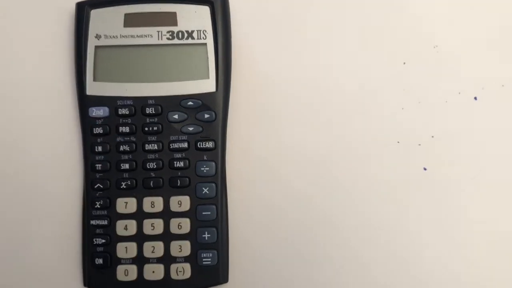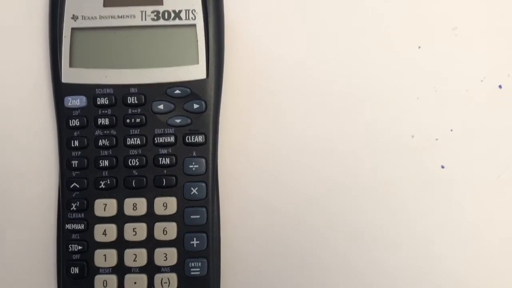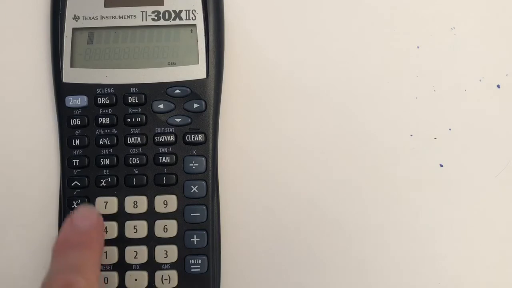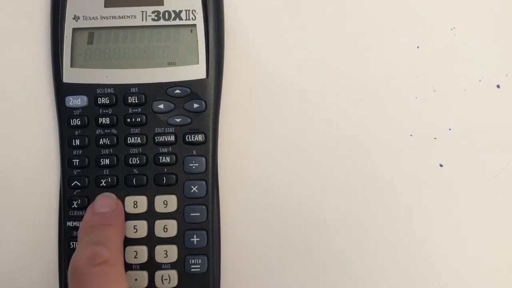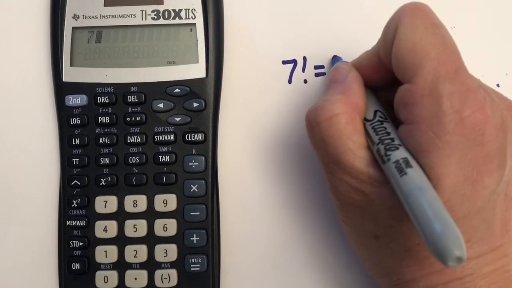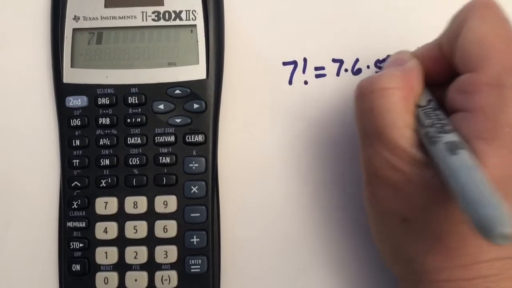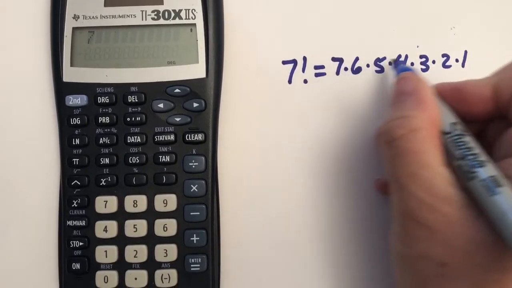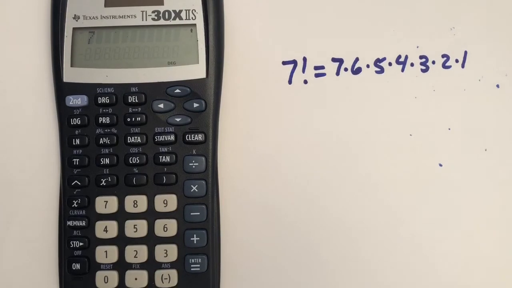Let me come in a little bit closer so you can see it. I'm going to show you 7 factorial. Let's have the calculator calculate 7 times 6 times 5 times 4 times 3 times 2 times 1, so we don't have to type all of that in. We'll use the factorial button.